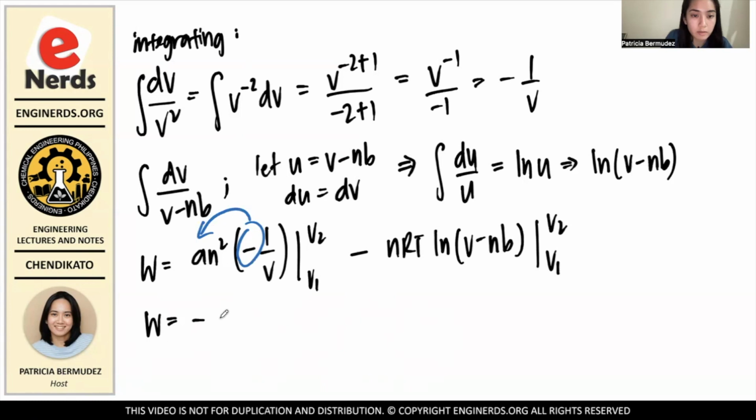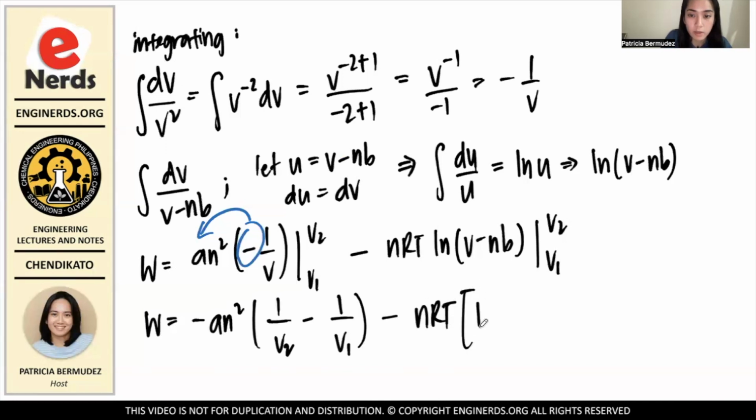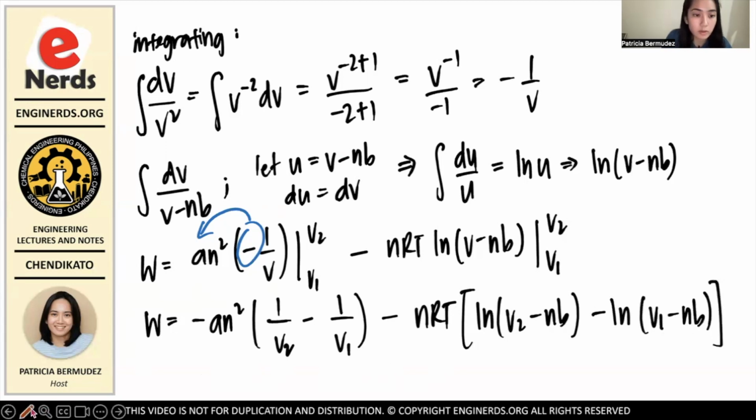It'll be negative a n squared times 1 over v2 minus 1 over v1. And then this one, negative nRT, multiplied by ln v2 minus nb minus ln v1 minus nb. And again, we know that the laws of logarithm state that ln x minus ln y is equal to ln x over y.